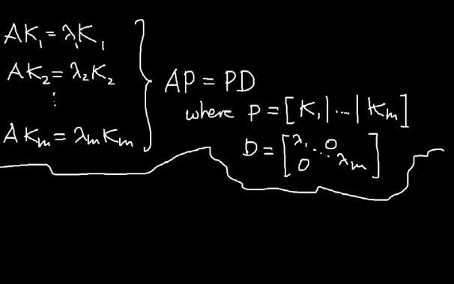So the diagonalization problem asks to find an invertible matrix P so that P inverse times A times P is equal to a diagonal matrix.